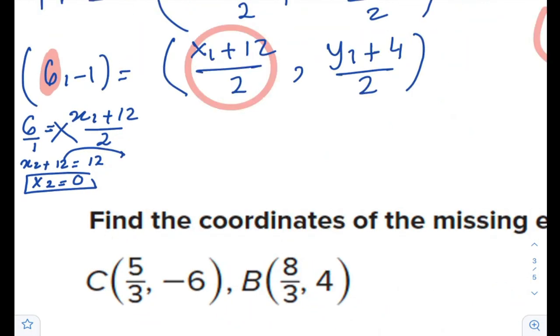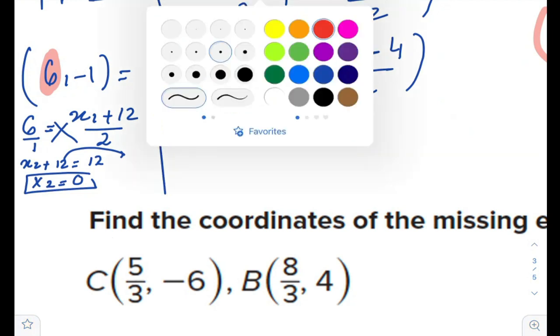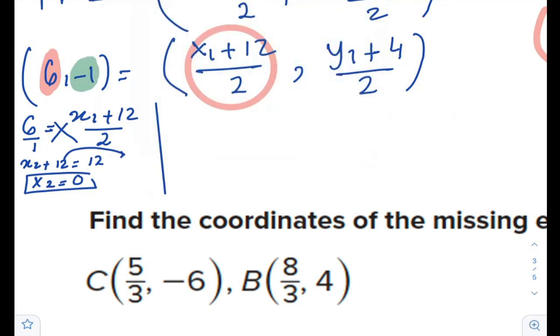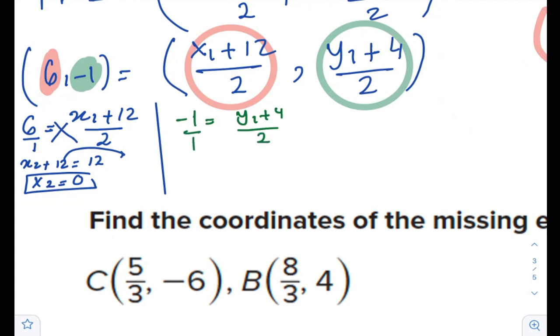Now let's solve for the y. So we have here the y coordinate, which is this one, equal to this one. And we can solve it as well. So we can say that negative 1 is y1 plus 4 over 2. Cross multiply. 2 times negative 1 is negative 2.